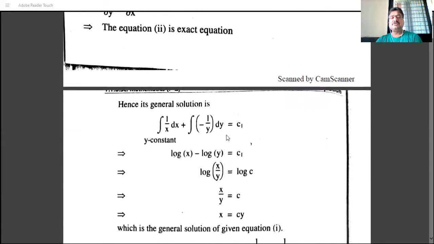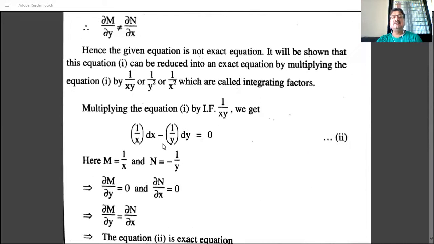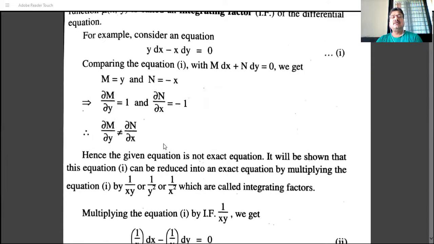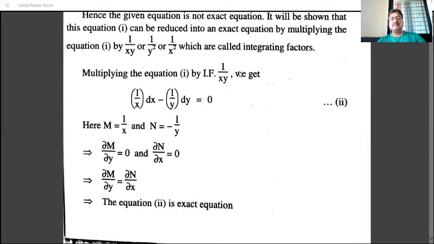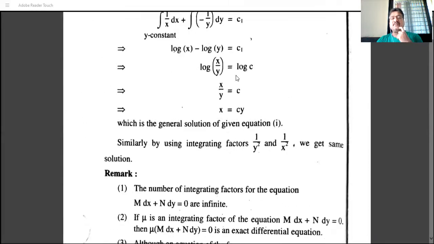So instead of the formula, we can directly find the solution by integrating both sides. Then we have x/y is equal to c, a constant, and then again x is equal to cy as the final answer.